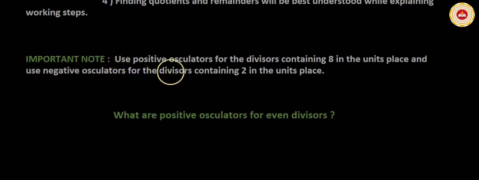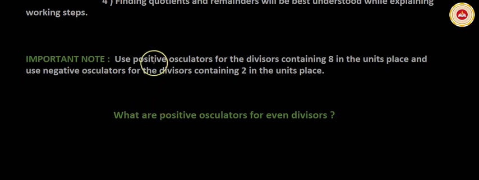Now, important note: use positive osculators for the divisors containing 8 in the units place and use negative osculators for the divisors containing 2 in the units place. Friends, in the previous topic, divisibility for odd divisors, we calculated positive osculators for the divisors which contain 9 in the units place, and negative osculators for the divisors which contain 1 in the units place.